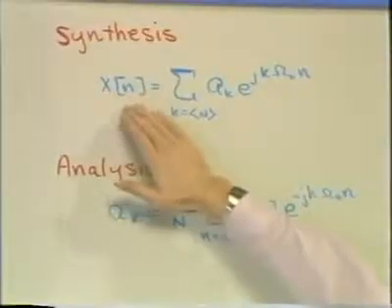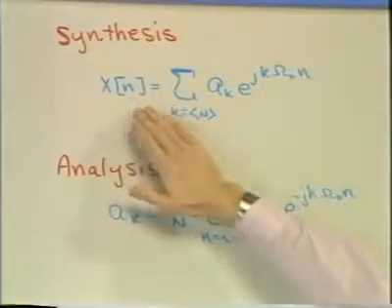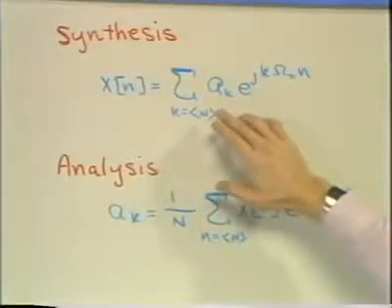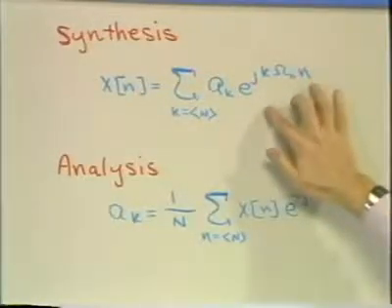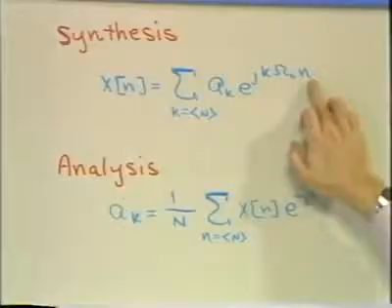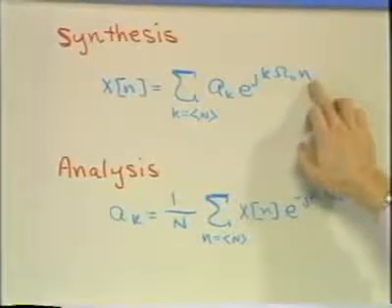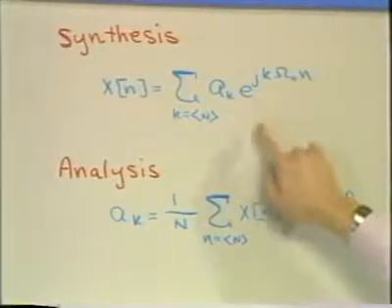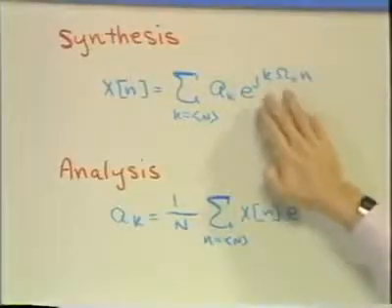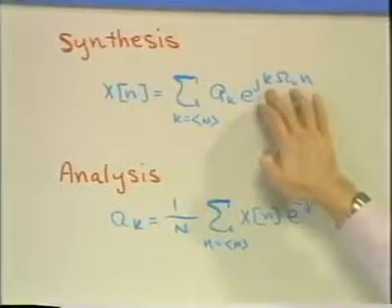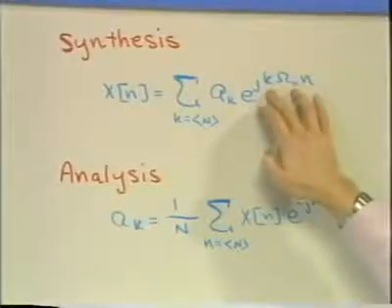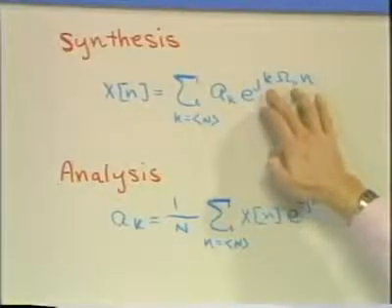Again, x of n, our original signal, is periodic, and of course the complex exponentials involved are periodic. They're periodic, obviously, in n, but in contrast to continuous time, these repeat in k, in other words, as k omega 0 goes outside a range that covers a 2 pi interval.